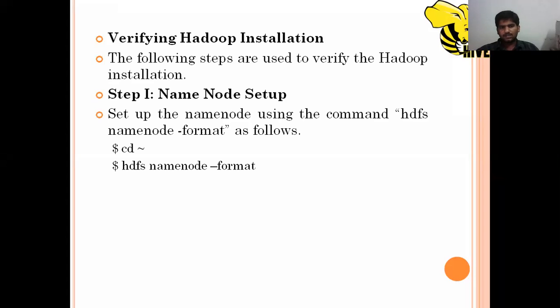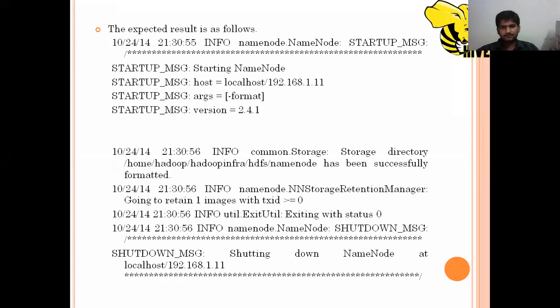So cd ~, then hdfs namenode -format. The expected result is as follows. Once that command is run, it shows the result like this. You have not done such types of installations in the Linux operating system. That's why I am showing the step-by-step process of how we want to do it.